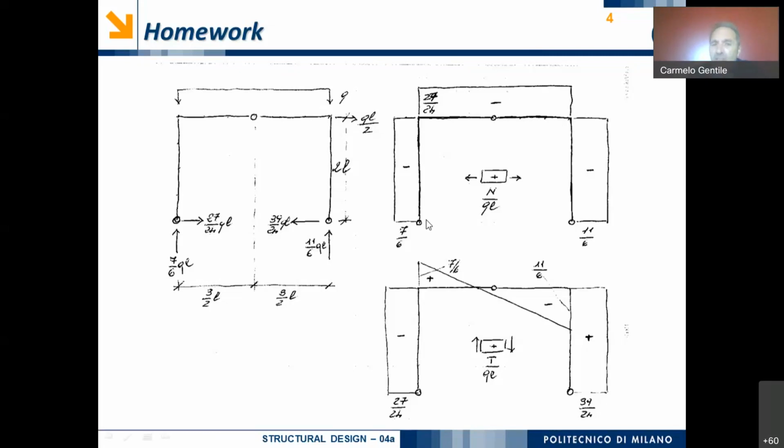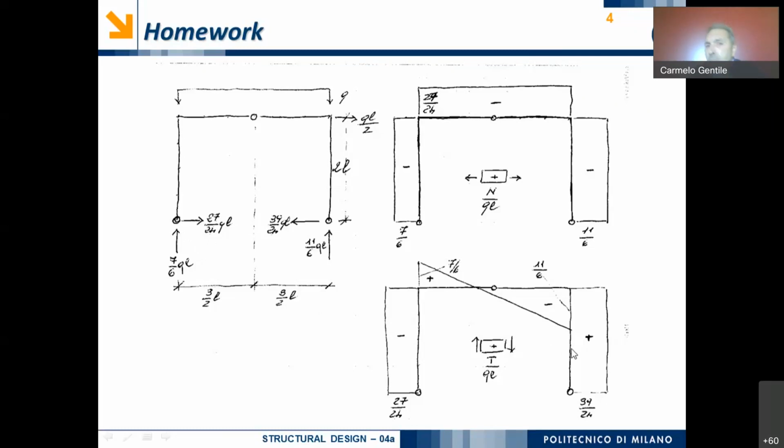So also in this case, we can expect a constant value of the axial force, and it will be again in compression and equal to this value of this reaction, because if we make an ideal section, an ideal cut in any point of this beam, we can obtain exactly an axial force which is equal and opposite to this external reaction of 27 over 24 times QL. Okay, let's move to shear.